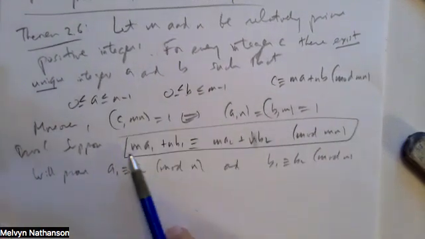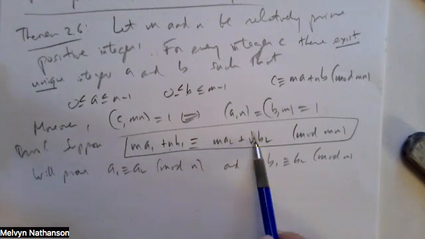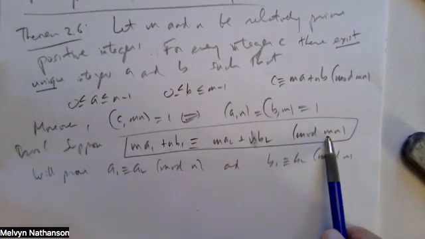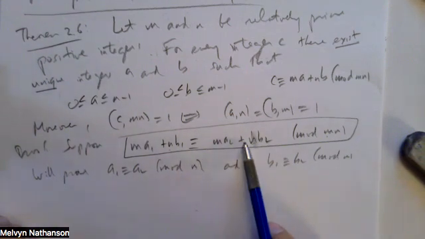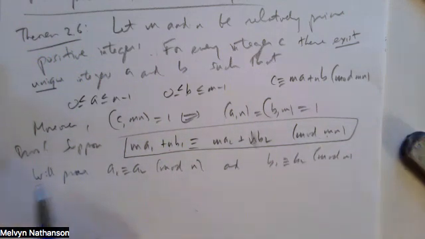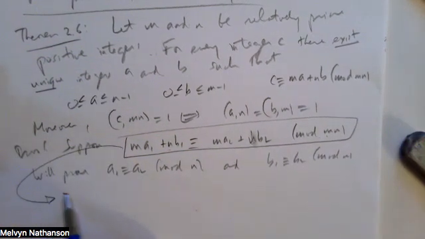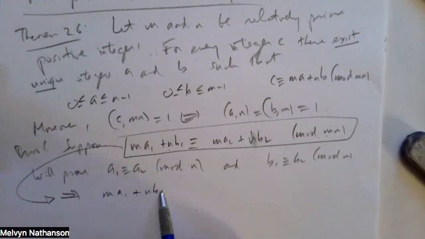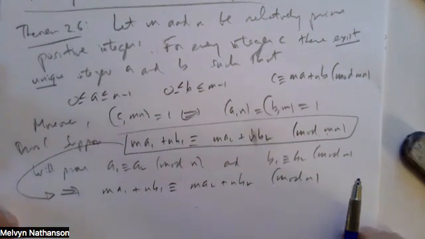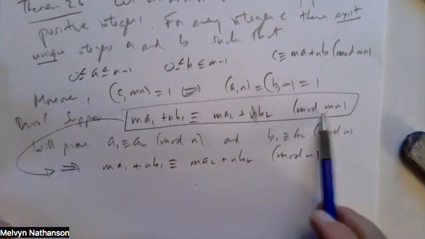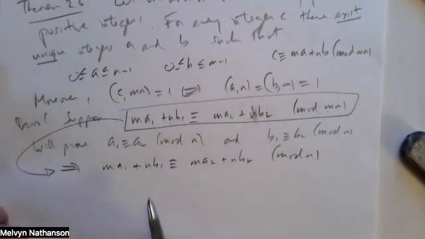This says that this number minus this number is divisible by mn. So it's certainly divisible by n.